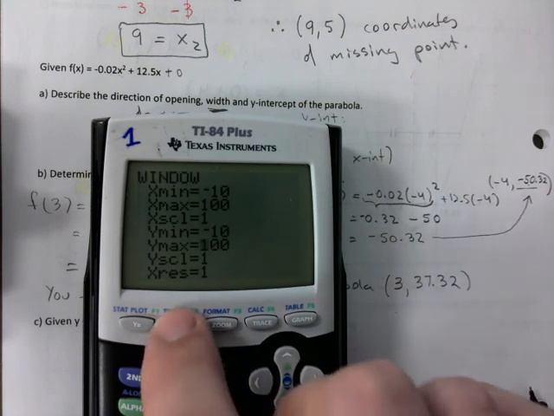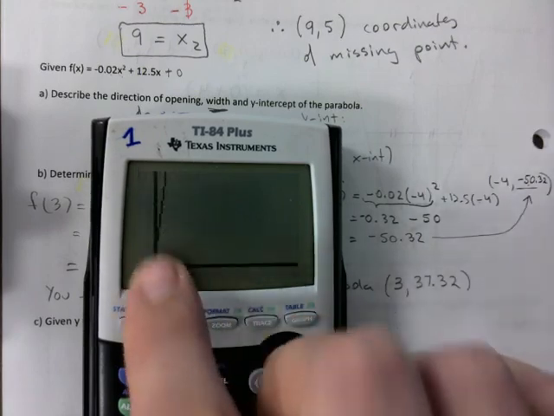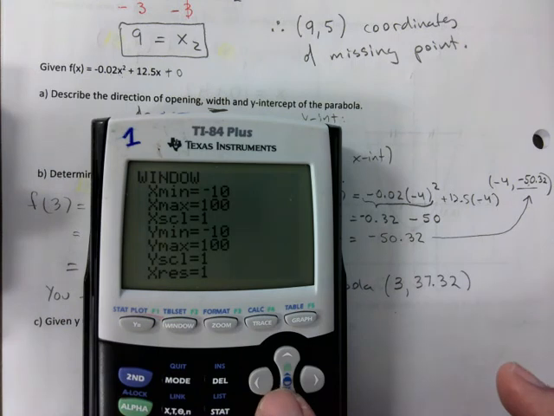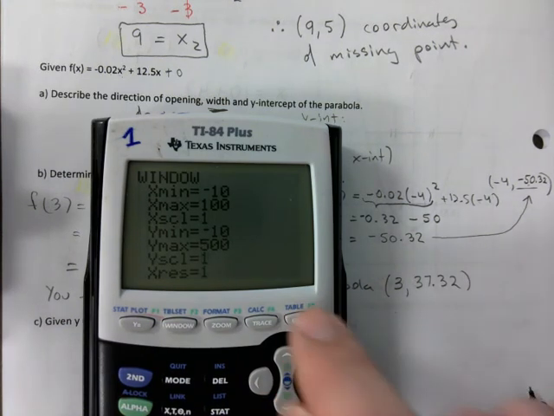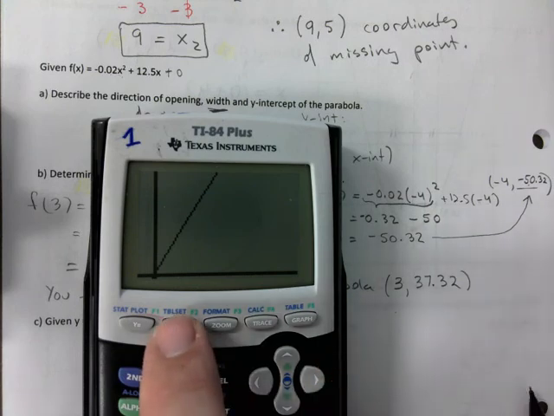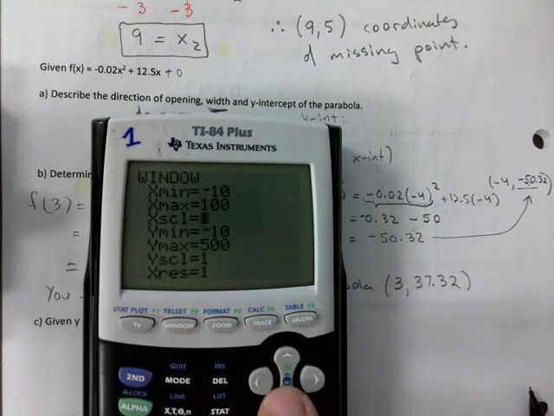So I need to increase my y max. I'm going to stop going x max and increase my y max. I'm going to go 500. You see it? I went y max 500. I'm going to keep going up.